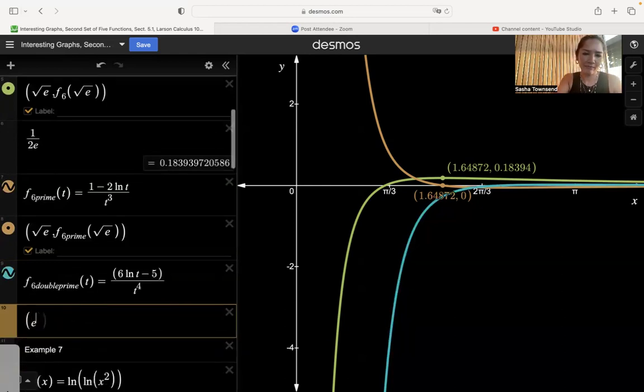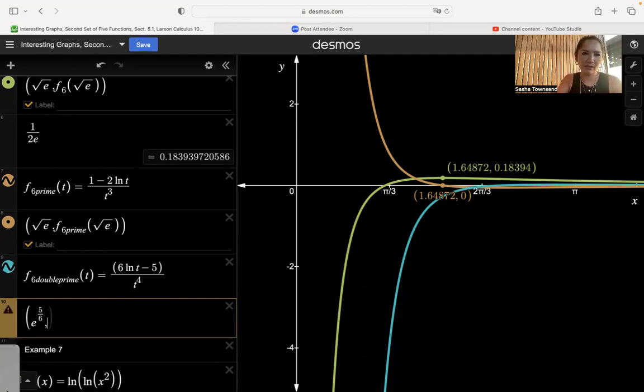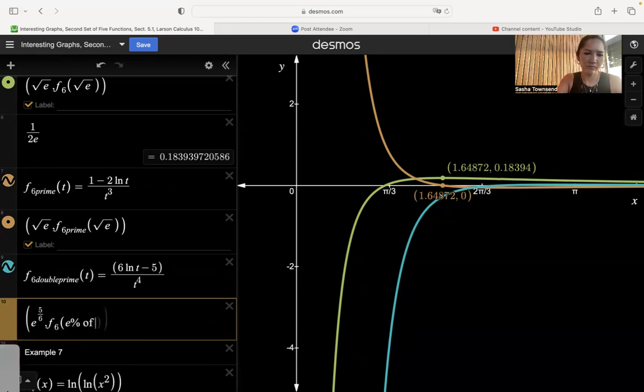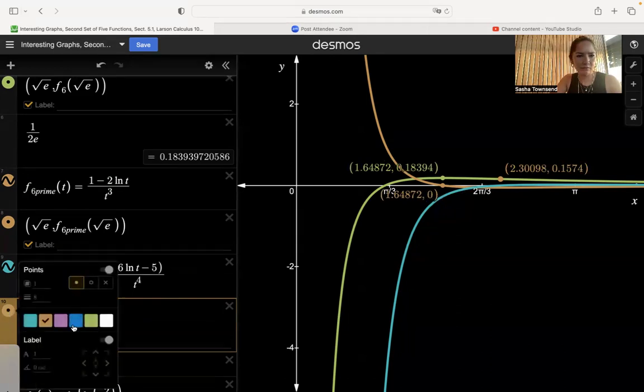That's my claim, provided that I did my arithmetic correctly, right? So e to the 5/6 is approximately 2.3, and we want to evaluate the function there. That's our function value.